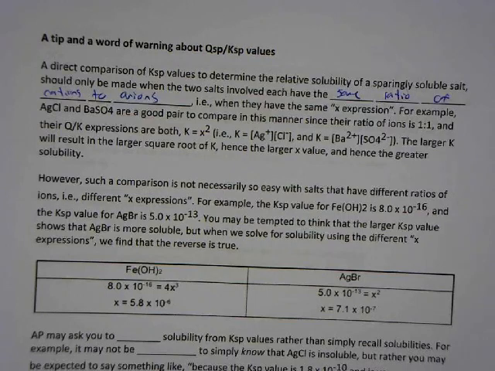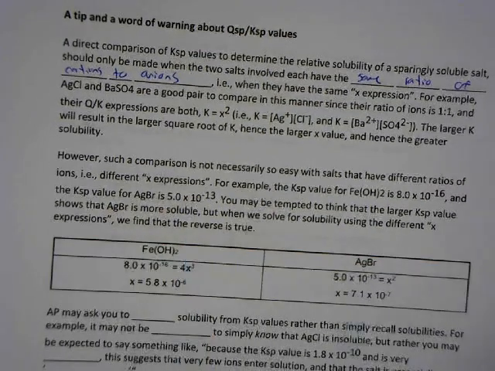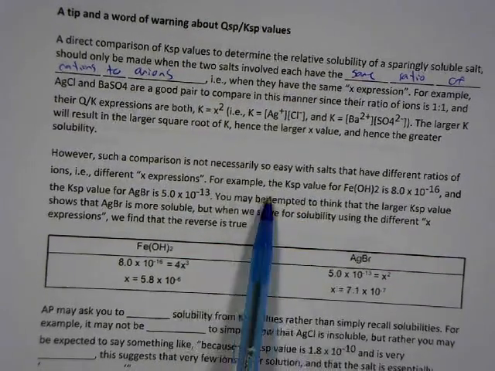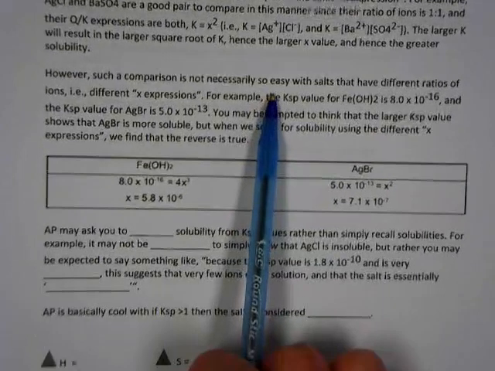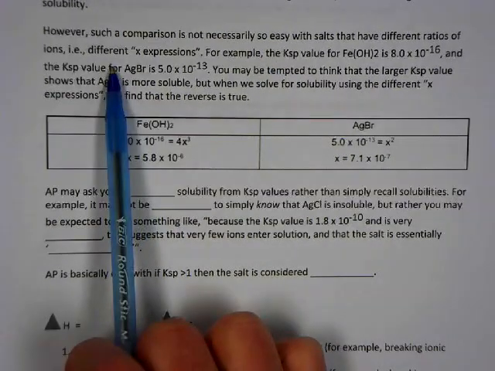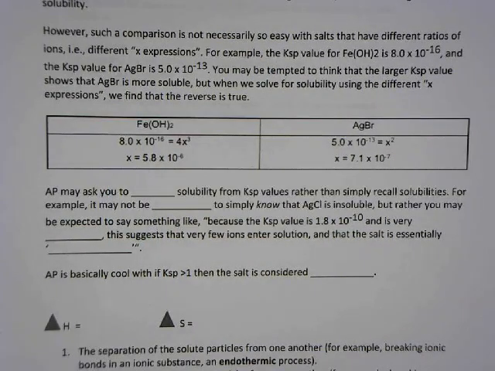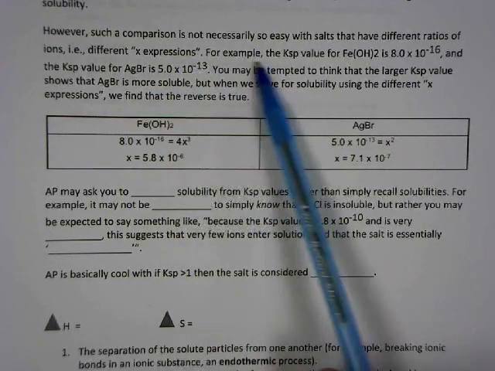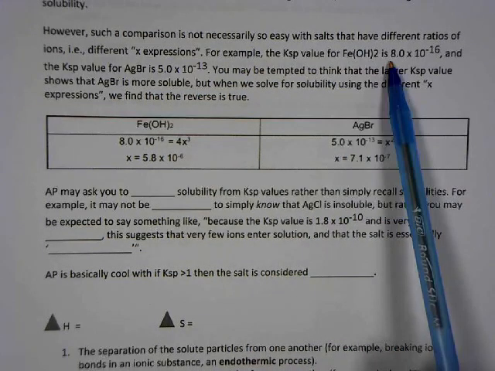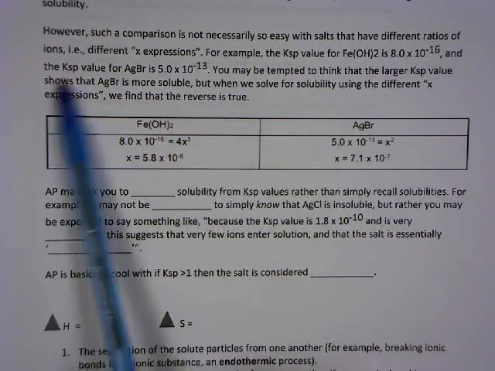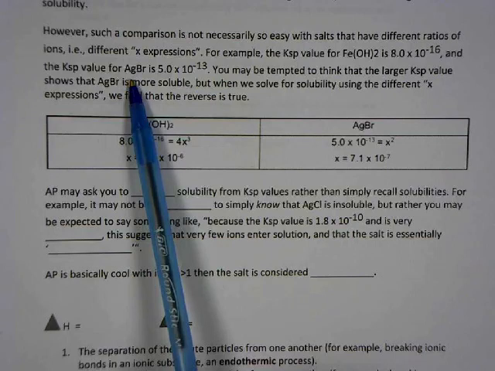So I'll give you an example. The larger K will result in a larger square root of K, hence the larger x value, and hence the greater solubility. However, this does not necessarily work so easily with salts that have different ratios of ions or different x expressions.